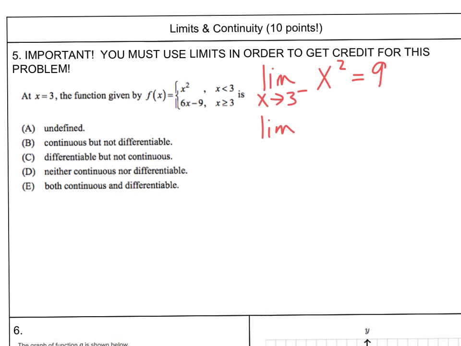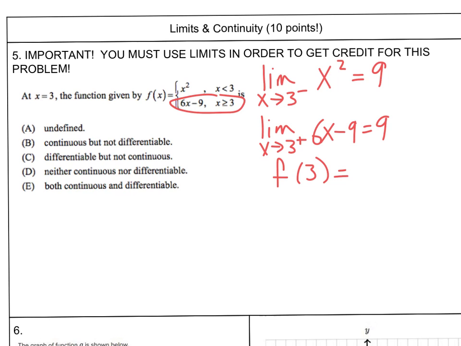And the limit as x approaches 3 from the right of 6x minus 9, which is also going to be 9. F of 3 uses that same function, so since we already evaluated that, it equals 9. At this point, we say that this is continuous.